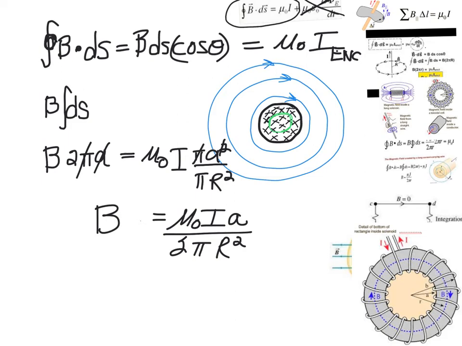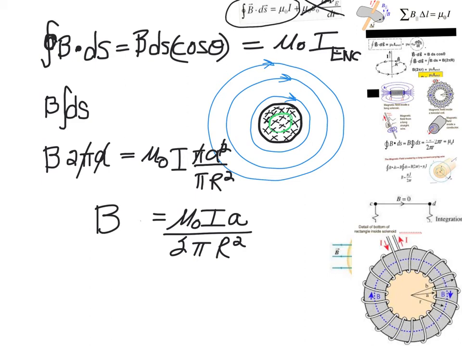Two things you might do: first, let a go to 0. That green circle shrinks to the center of the wire. As you get closer and closer to the center, the field gets smaller and smaller and goes to 0. That makes sense.